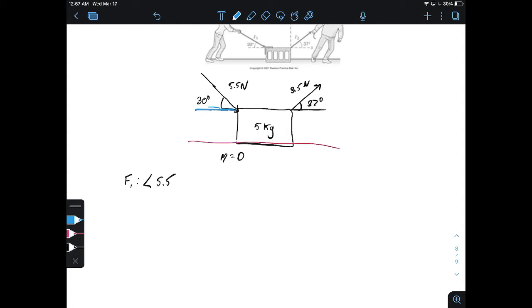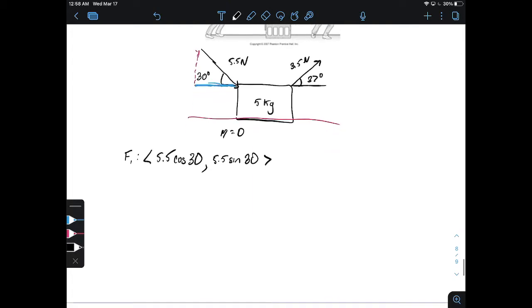So it's going to be 5.5 using our rules of trigonometry. This is the opposite side, but this is the adjacent side, so we're going to use cosine, cosine 30 degrees. And then we'll also include the y component. So we'll say 5.5, and then we're just going to use the other one because it's opposite, which is sine 30 degrees.